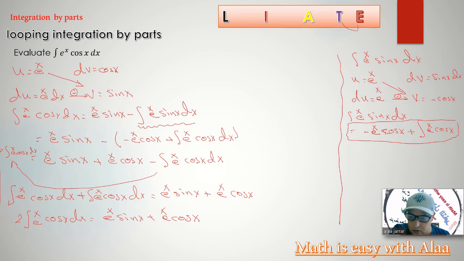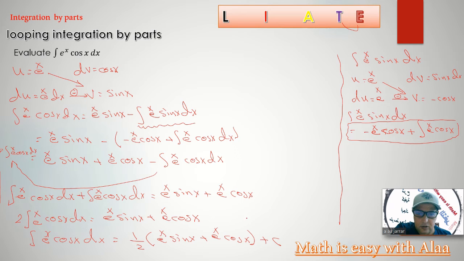Dividing by 2, the integral of e^x cosine x dx equal 1 over 2 times e^x sine x plus e^x cosine x plus the constant c.